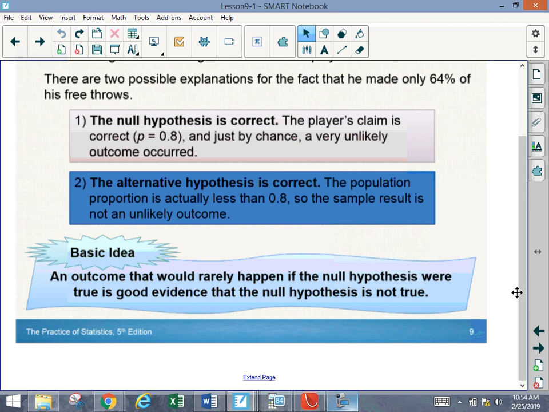So, if the probability of whatever statistic occurred is super high, then we will fail to reject the null hypothesis. In other words, it's probably correct, right? If the probability that we get a certain statistic is very low, then we will reject the null hypothesis, meaning that the null hypothesis is incorrect.